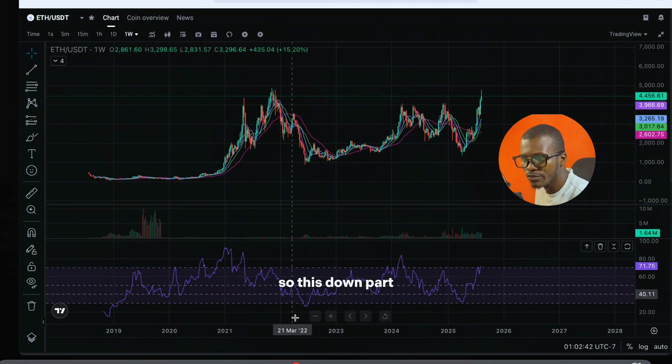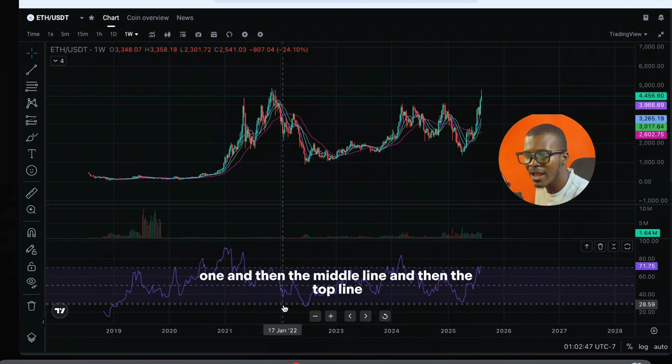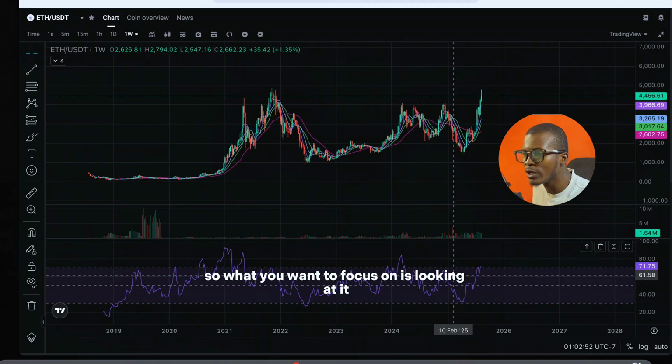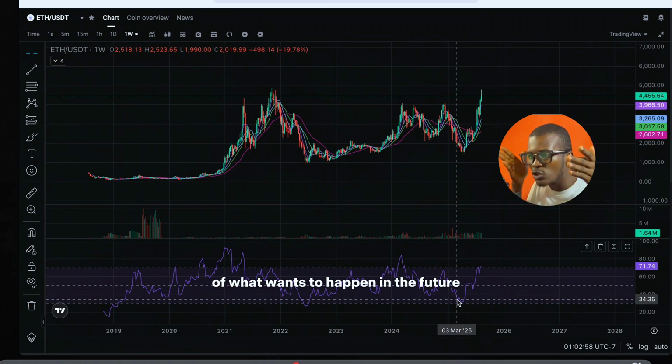You can see three lines: the bottom, the middle line and the top line. What you want to focus on is this, because it gives you a glimpse of what wants to happen in the future or what the market is actually doing.